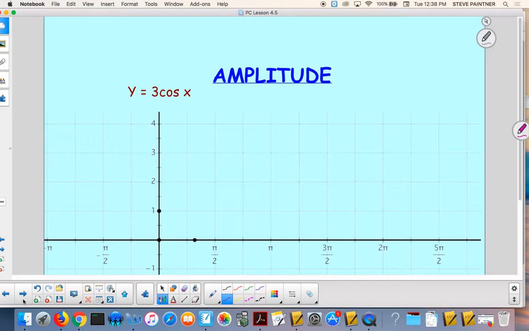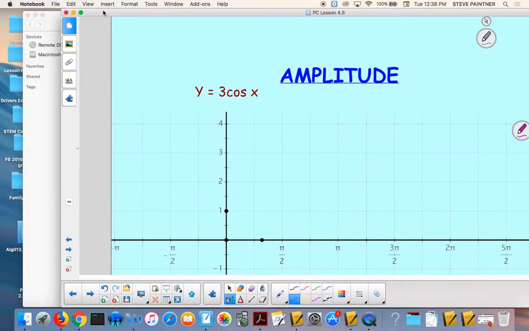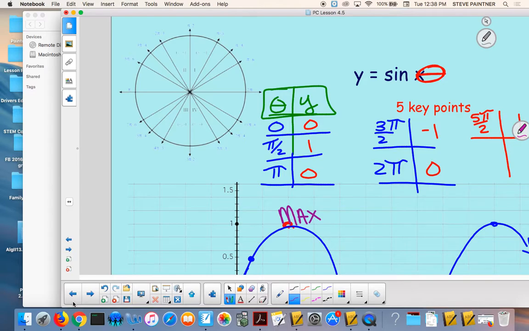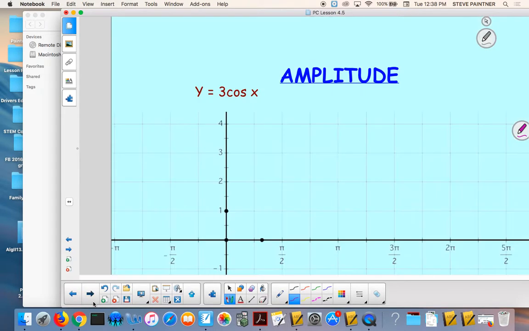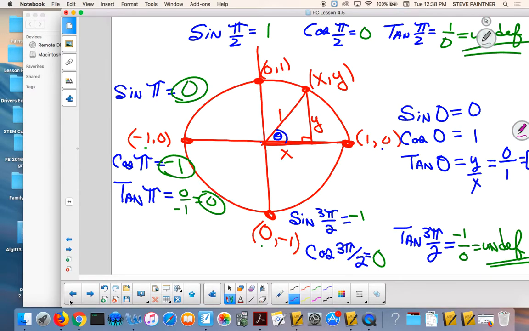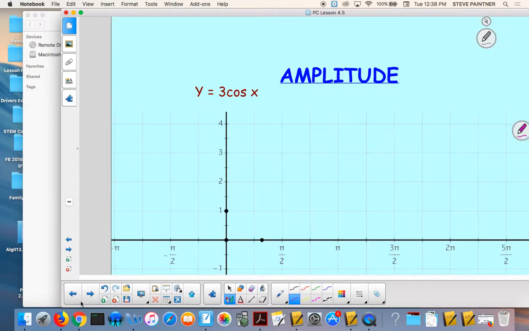The next slide is this. Y equals 3 times. No, this isn't right. Yeah, it is. We didn't do cosine, did we? No. Okay, let's go back to cosine. Cosine just starts at your max. Where is it? It's right after that. How did I lose it? You deleted it when you made a new page or something. Gotta go find it.